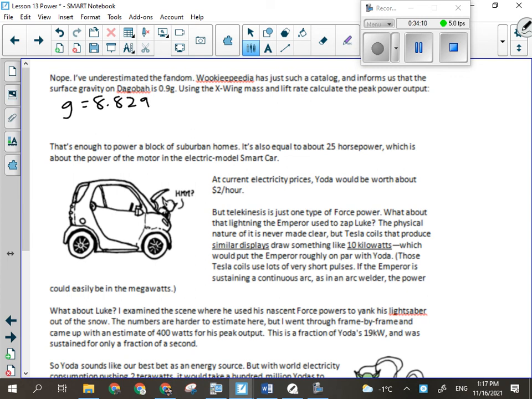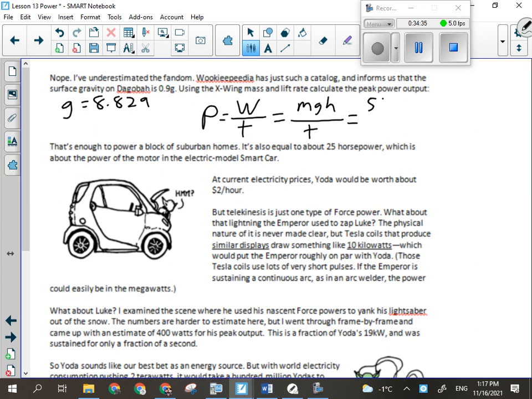So we want to calculate the rate at which the work is being done. We know that he's lifting at 1.4 meters, and we know that power is work divided by time. So the work he does is the change in potential energy divided by the time, which they told us was 3.5 seconds.